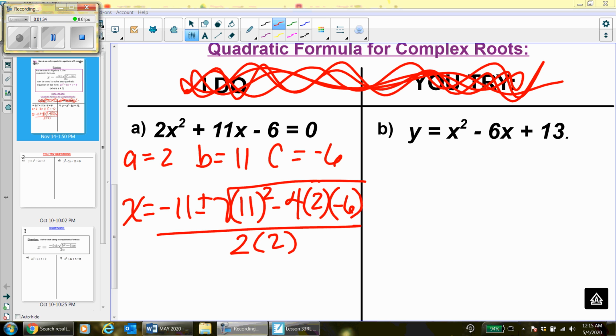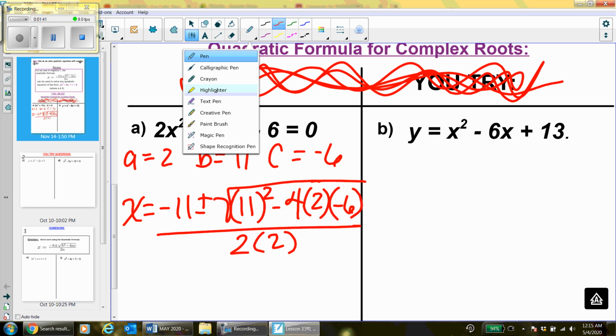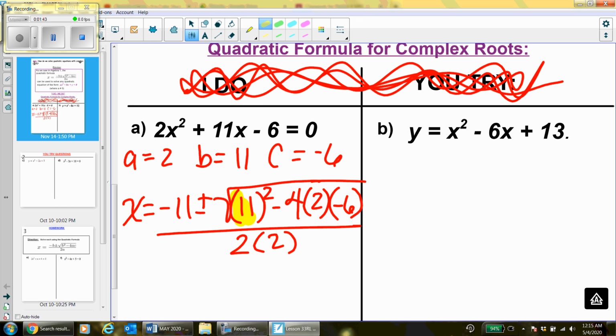I'm plugging in the discriminant, which is this portion of the equation, into my calculator. That is parentheses 11 close parentheses squared minus 4 times 2 in parentheses times negative 6 in parentheses, which gives me 169.